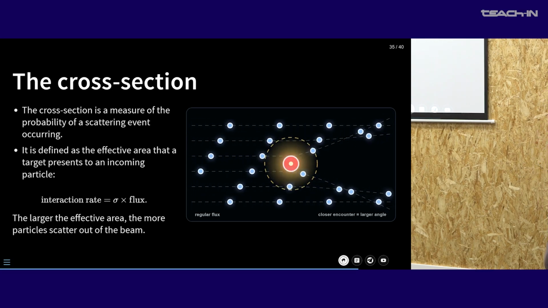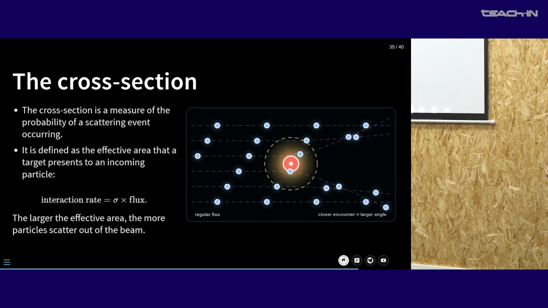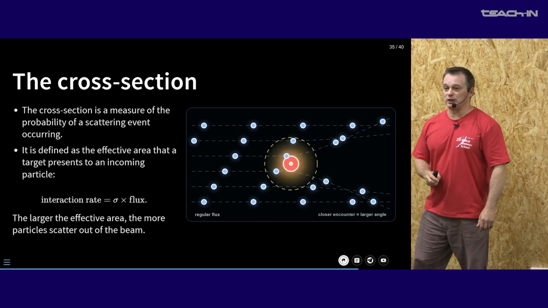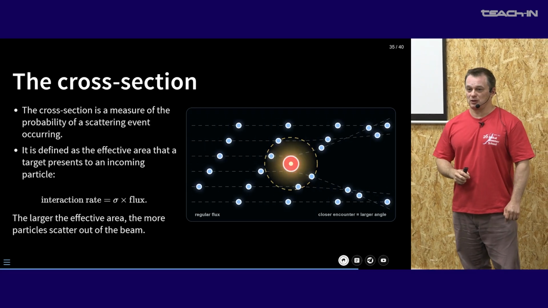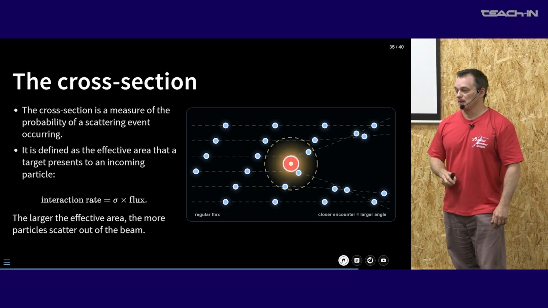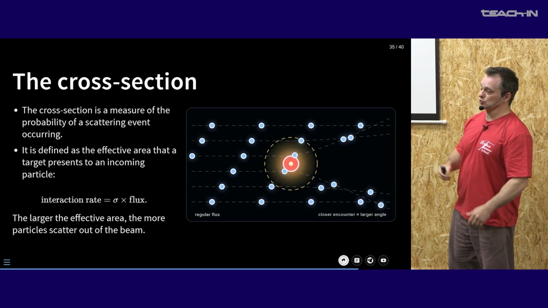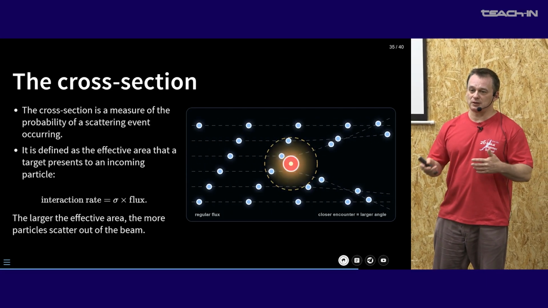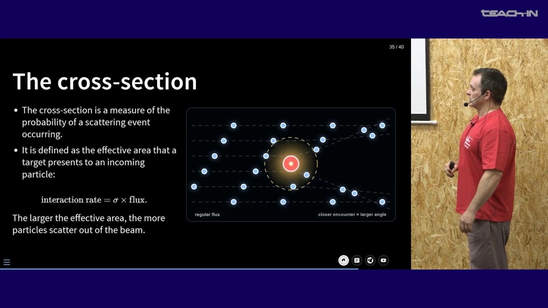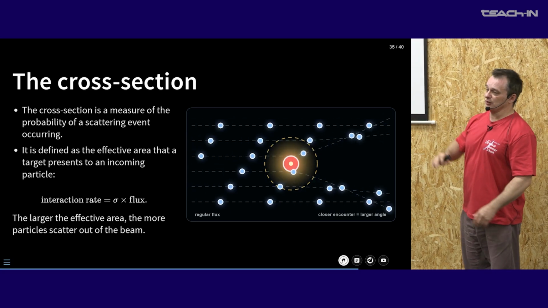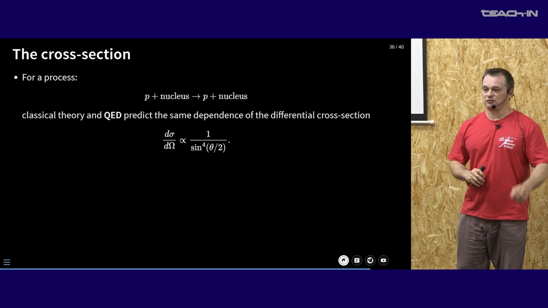And so when you are calculating the cross-section for Rutherford scattering, proton plus nucleus goes to proton plus nucleus, or an alpha particle instead of a proton, I'm not writing the entire formula, but I just highlight a very important piece.